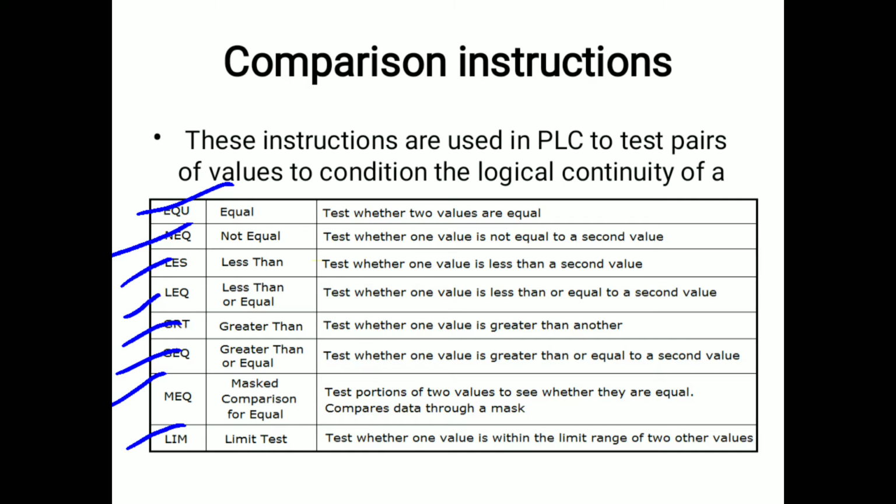Suppose we want the room temperature to be between 10 and 30 degrees Celsius. Then we put 10 as the minimum limit and 30 as the maximum limit, and if we set the temperature to 20, it will test whether the temperature is between the limits or not. This way we use the limit instruction.